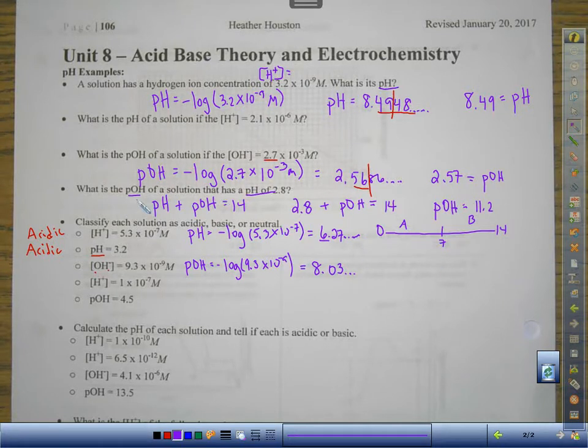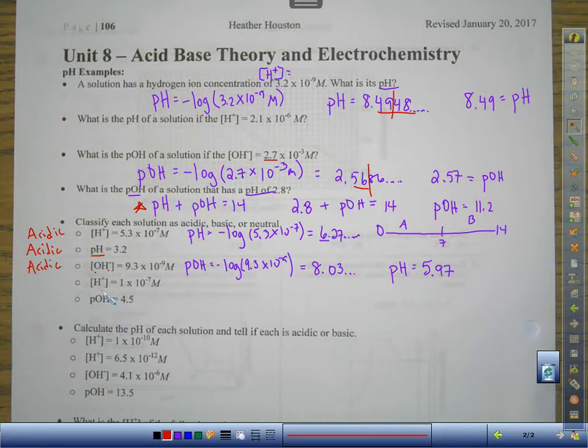Or you can use this equation that we used right here and do the math, and you can find that the pH of this is going to be 5.97. What that lets us do is say, okay, that falls between 0 and 7 on the pH scale. So once again, this is going to be acidic.